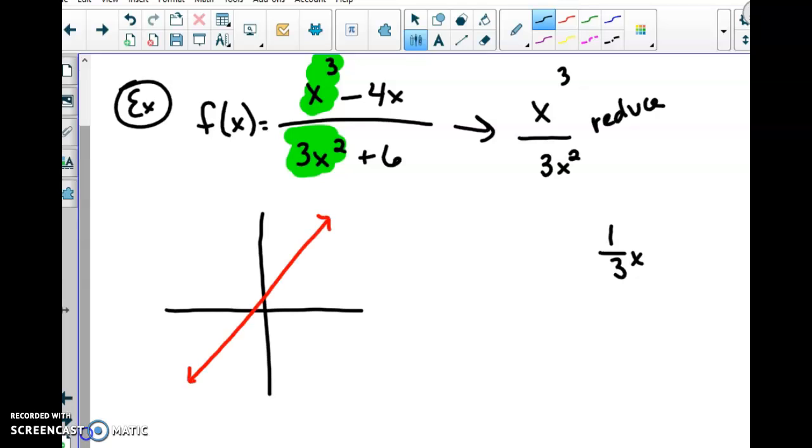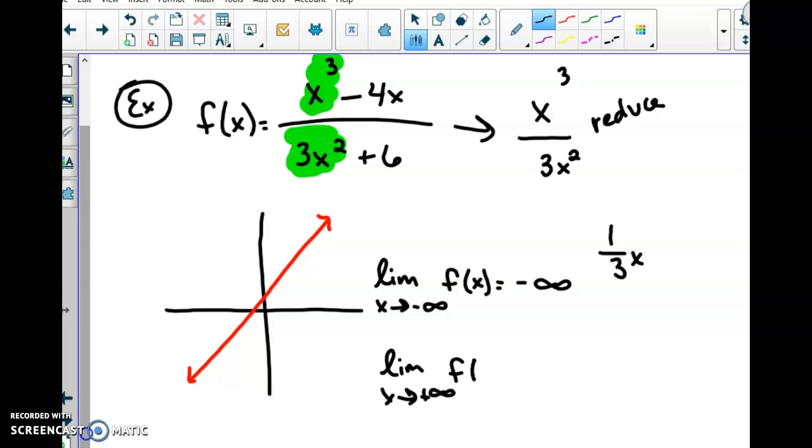If I'm thinking about this, that means my end behavior, as x is going towards negative infinity, as I'm going to the left of my graph, it's going towards negative infinity. The limit, as x is going to positive infinity, is going towards positive infinity.